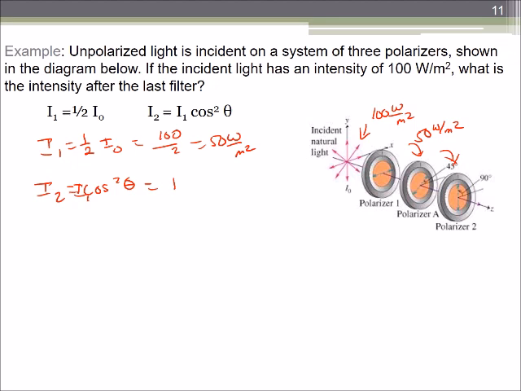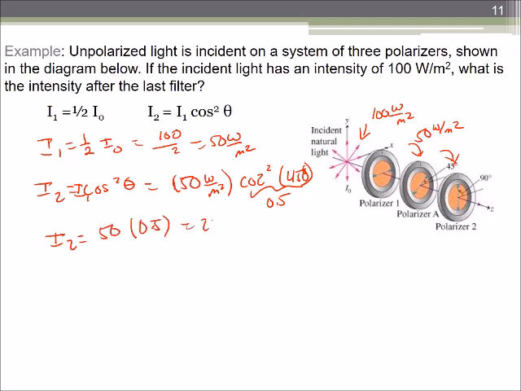So that's 50 watts per meter squared times cosine squared of 45 degrees, which happens to be 0.5. So I2 is 50 times 0.5, which is 25 watts per meter squared. We know that that's 45 degrees as well, so coming out this side is half of that, 12.5 watts per meter squared.